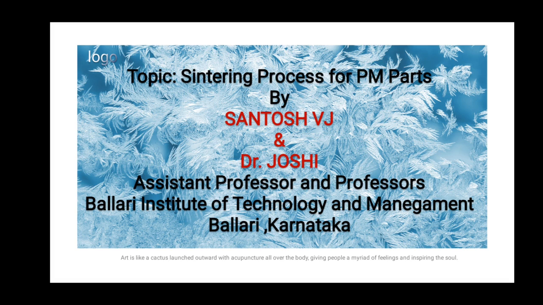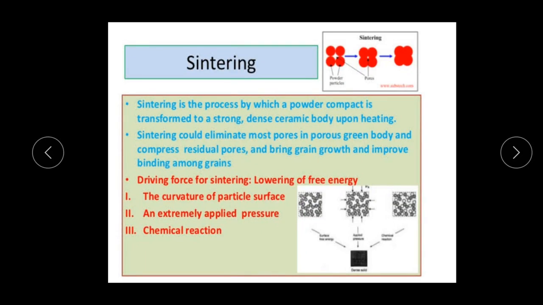Dear students, listen carefully. As per today's plan, now we will discuss the sintering process. Sintering is the last process of making the powder particles in powder metal technology. Sintering is a process by which a powder compact is transformed into a strong dense ceramic body upon heating, which means heating the compacted powders to achieve densification and green strength.